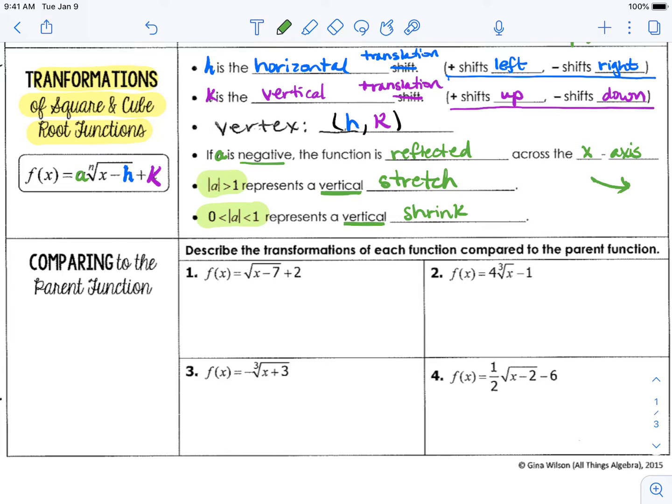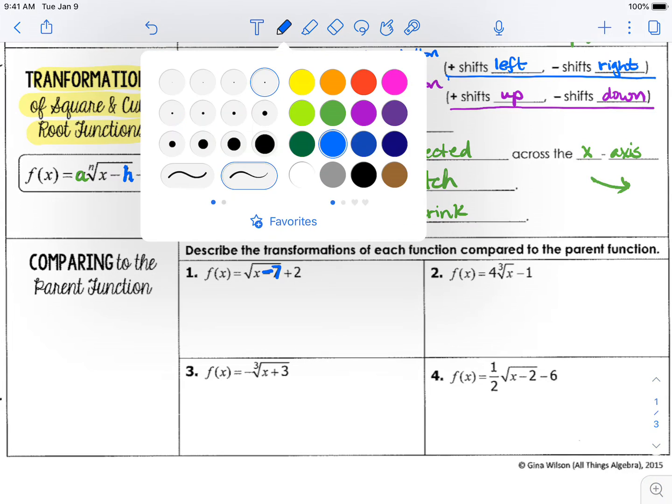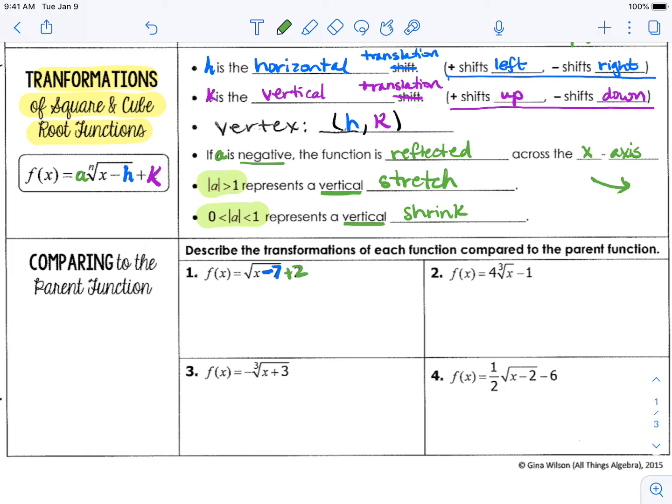In the first one, this is my H, and this is my K. So it's going to translate: a horizontal translation right 7, and then a vertical translation up 2.